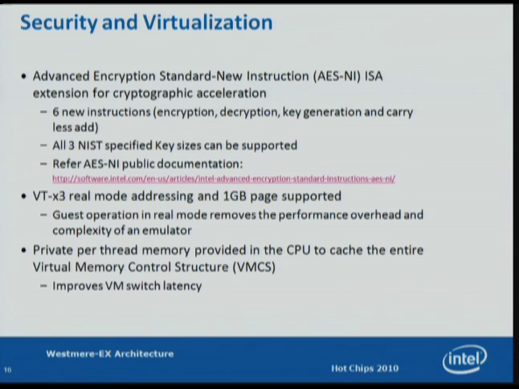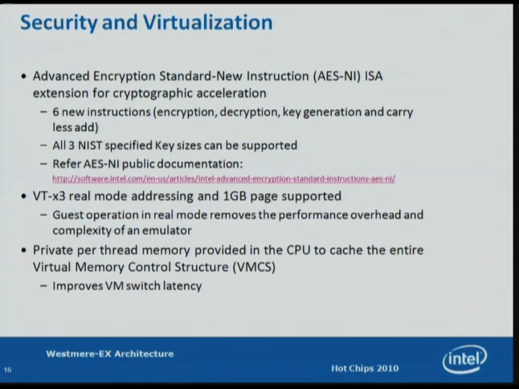On the virtualization front, we do support real mode addressing for the guest, and it essentially eliminates performance overhead due to the VMM having to interpret real mode, right? In addition, you folks might be familiar with the way Intel supports VM entries and VM exits.